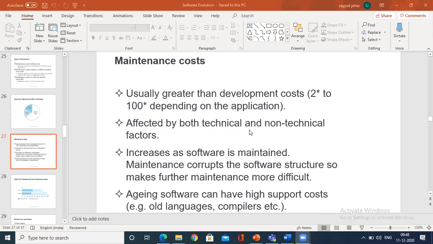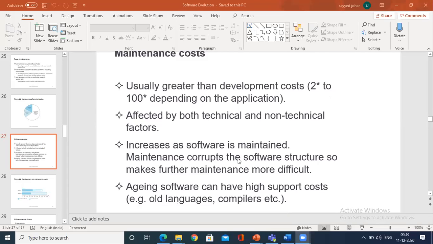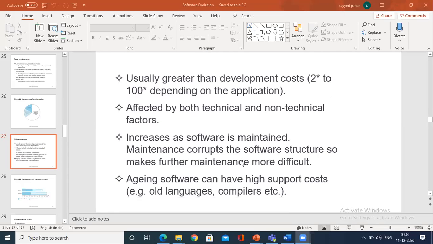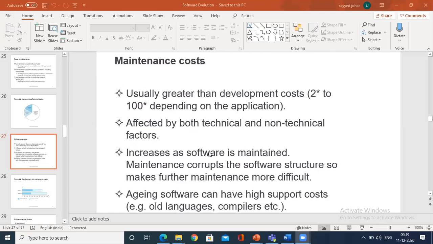Sometimes the maintenance costs more than the development of the system. See, these are all the various factors that he has given.